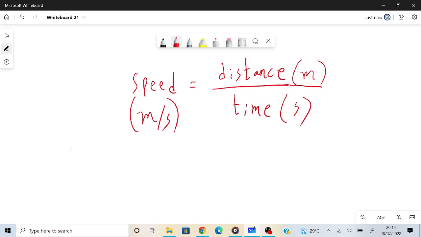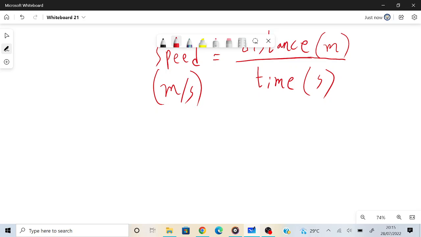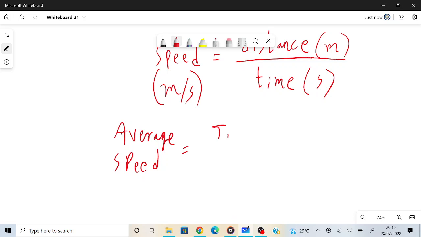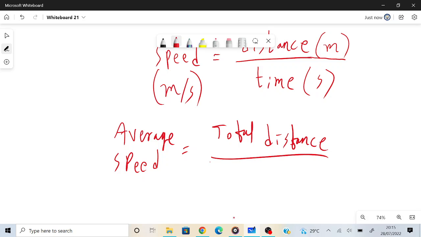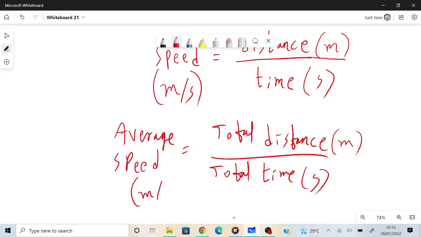Another key formula you need to know is that average speed is equal to the total distance traveled or covered divided by the total time taken or spent. Again, the units, SI units: meter, second and meter per second.